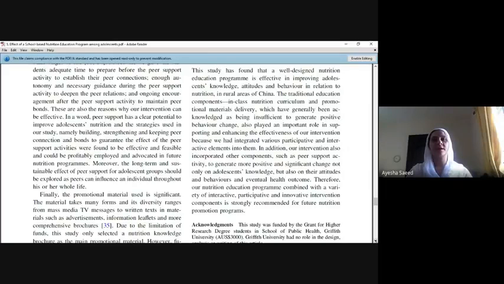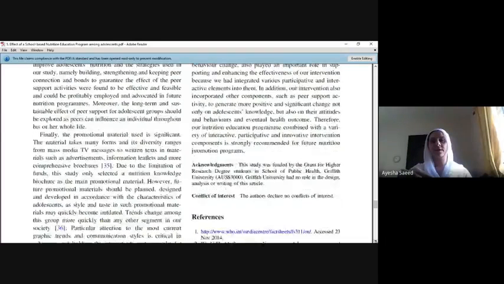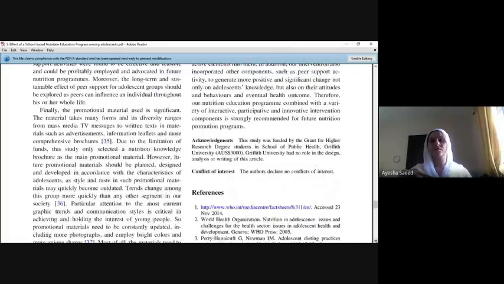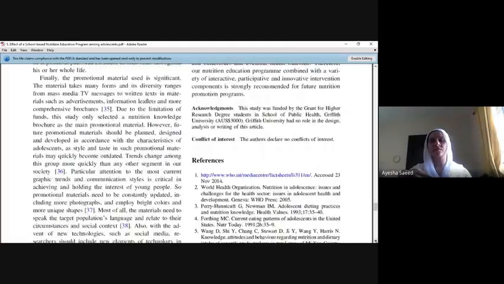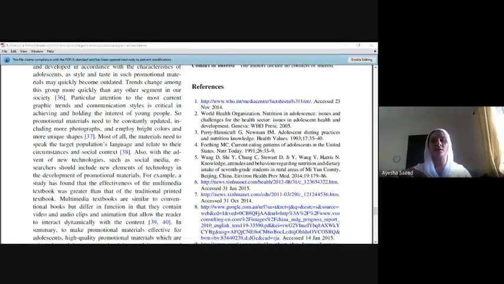What were their main highlights? At the last, they are acknowledging their funding and then the references, what citations they used for this research. So you can read the discussion on your own. I'll be posting this in the group.